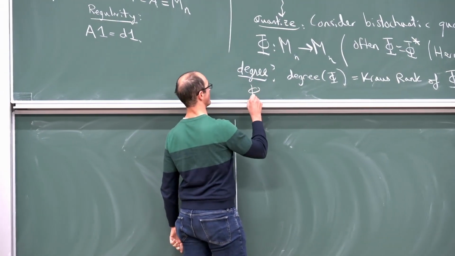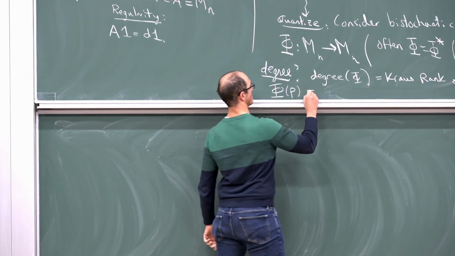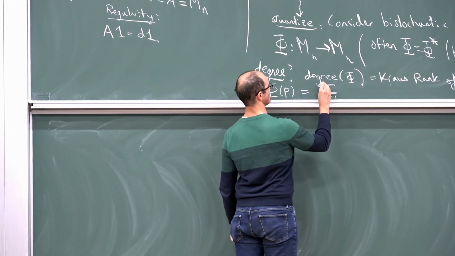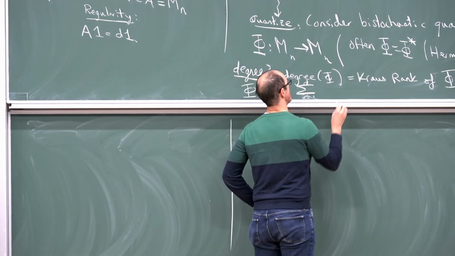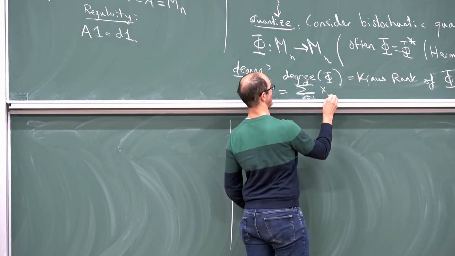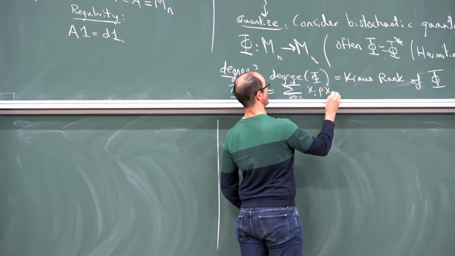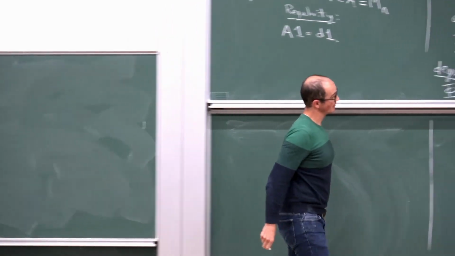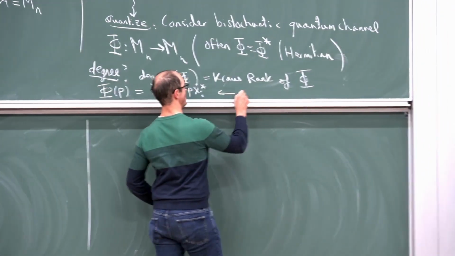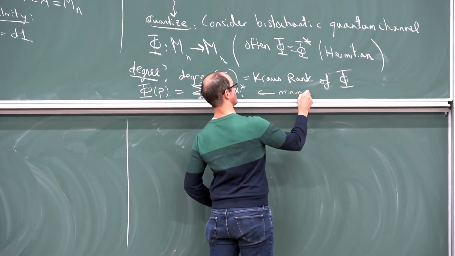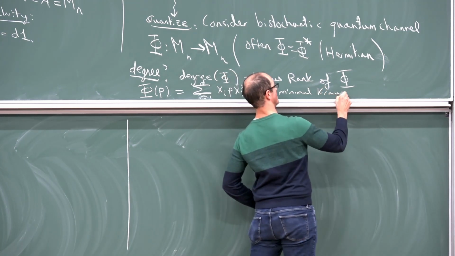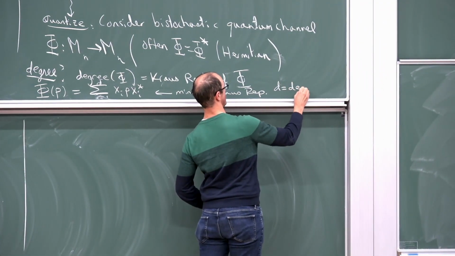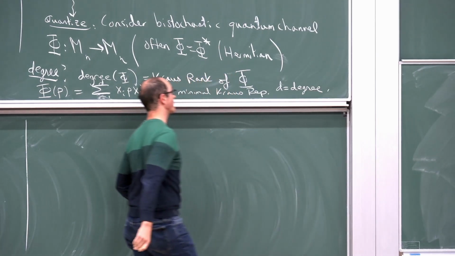So phi of rho will always have a Kraus representation, i equals 1 up to, let's say, d, and then we have xi rho xi star. So this is a minimal Kraus representation, and then d is the degree.